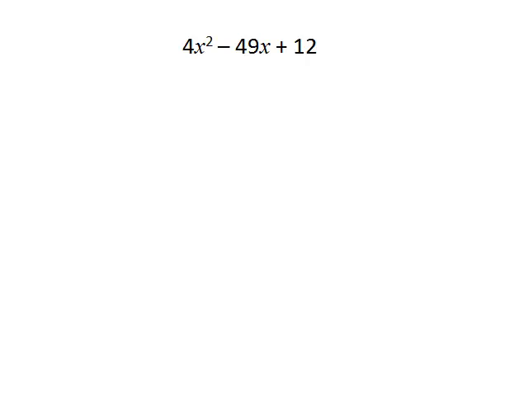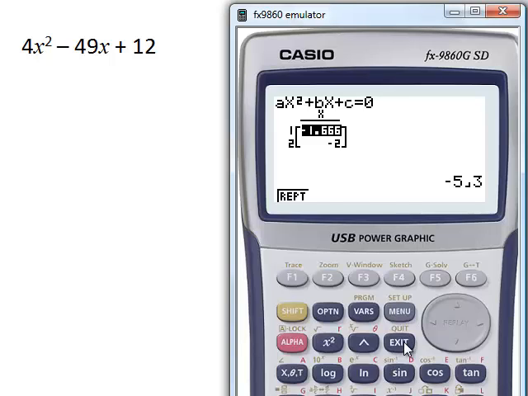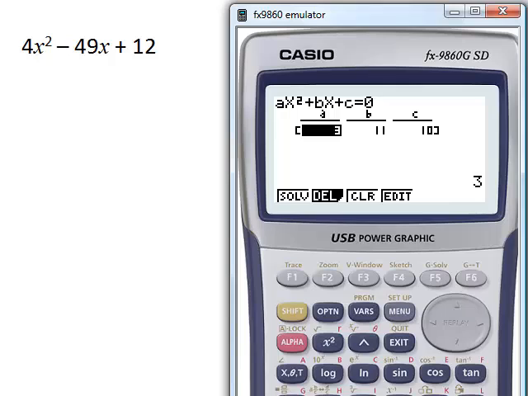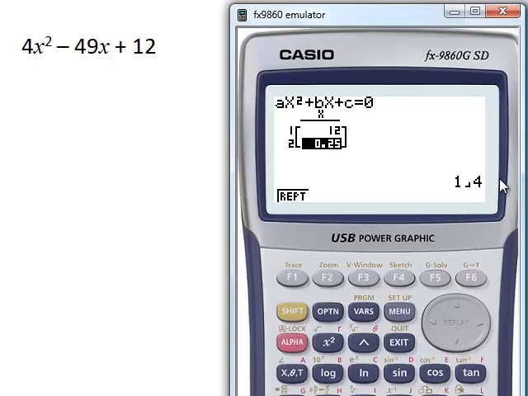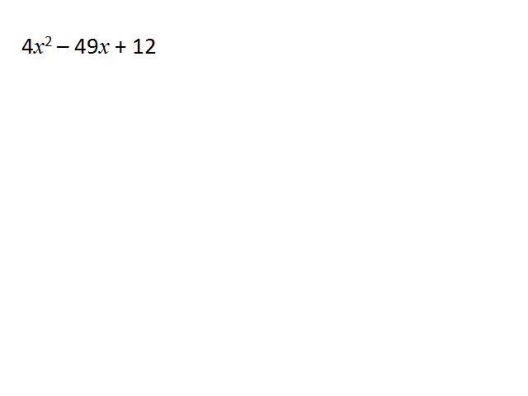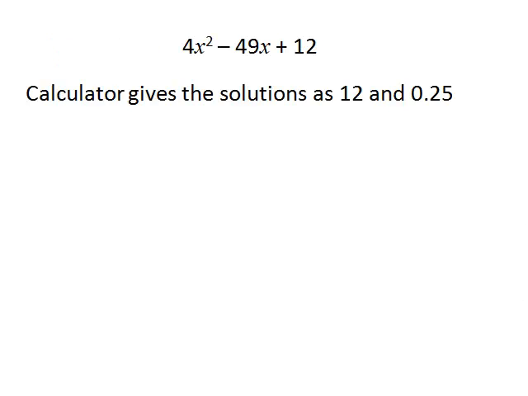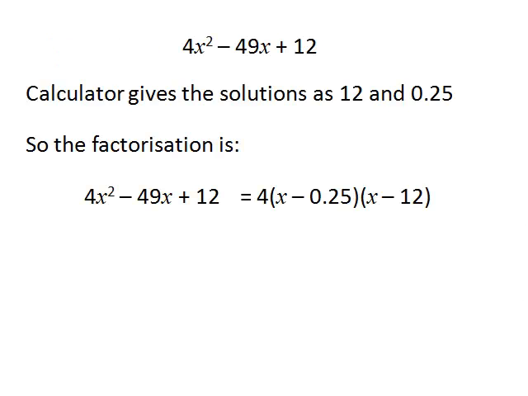You take a polynomial and we get our calculator and we type in the coefficients: 4, minus 49, 12. We solve it, and our solutions are 12 and a quarter. So the calculator tells us 12 and a quarter.